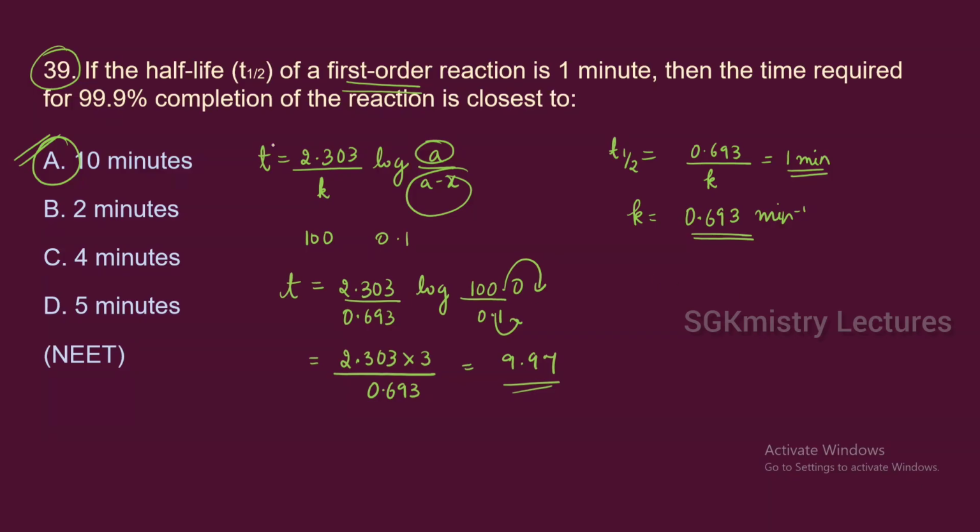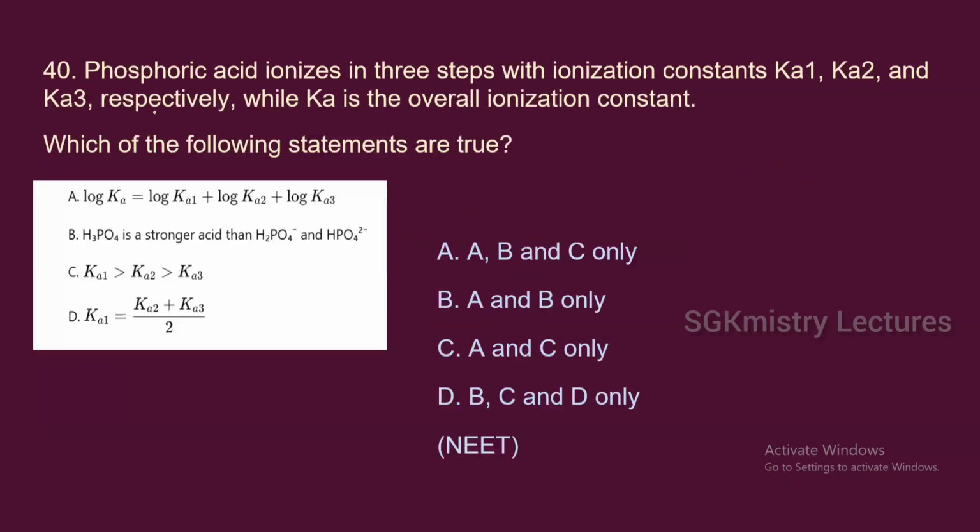So the time required for 99.9% completion is 10 times the time required for 50% completion, that is the half-life for a first order reaction. So you can directly take it as 1 into 10, that is 10 minutes, instead of going for all these extra calculations. Next. Question number 40.